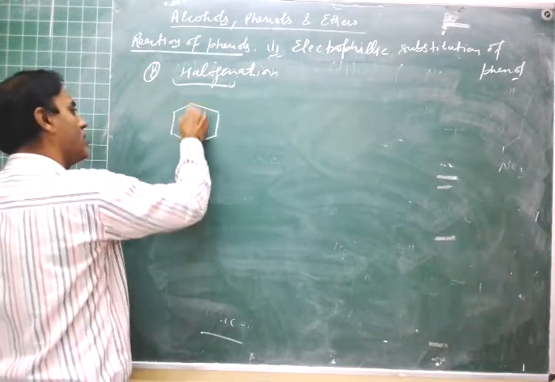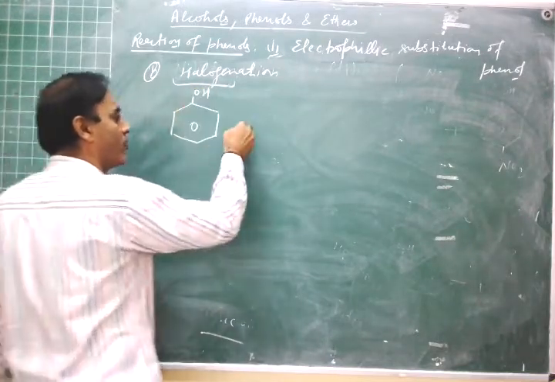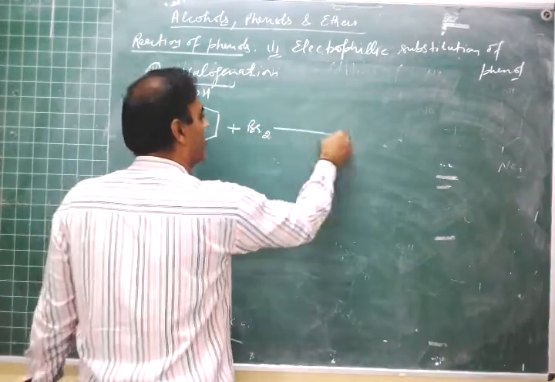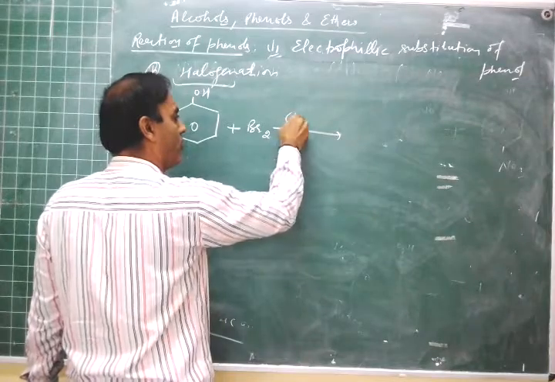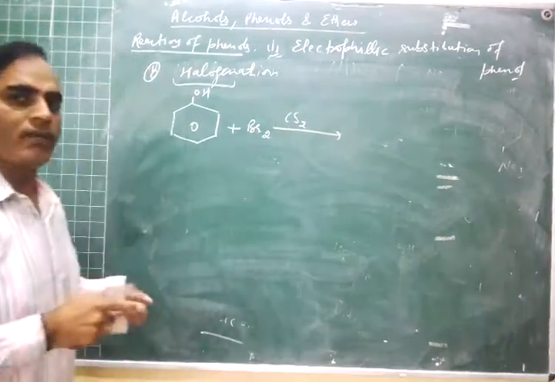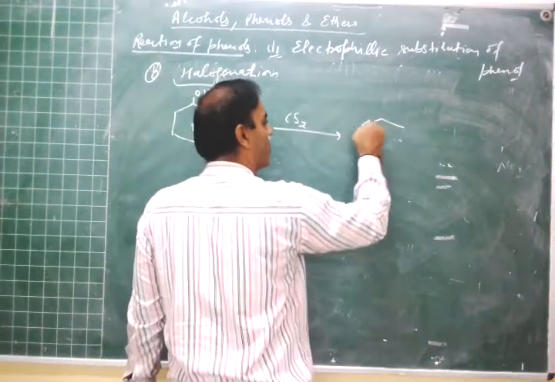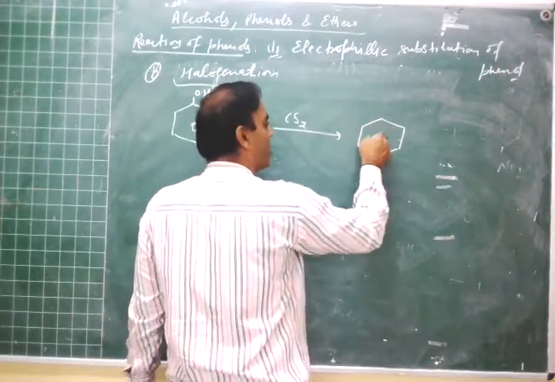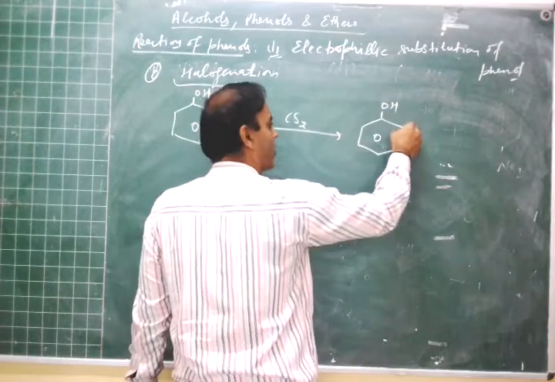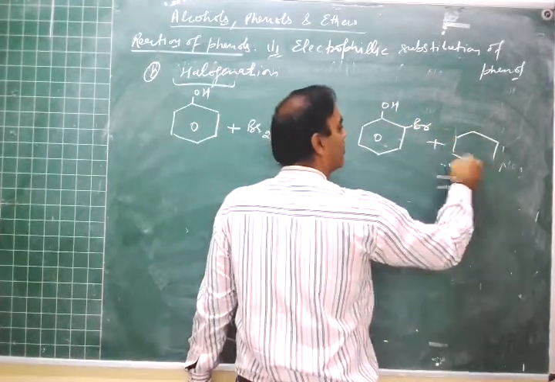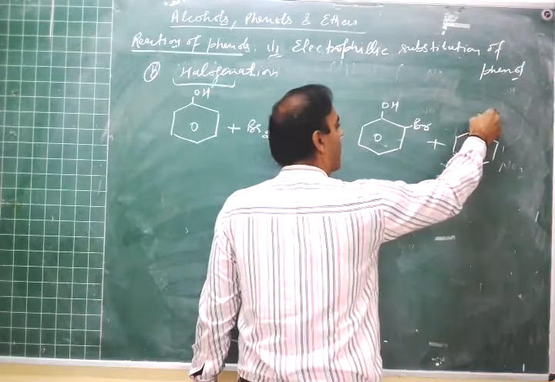Now when bromine is used in non-polar solvent like CS2 or chloroform, then at one position of benzene, bromine gets attached. That is, mono-bromo substituted phenol is formed. And you will get two types of products, that is ortho product and para product: ortho-bromophenol and para-bromophenol.